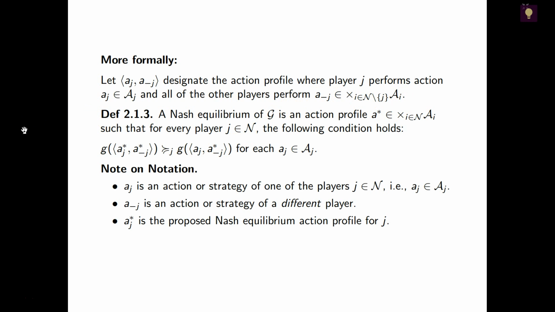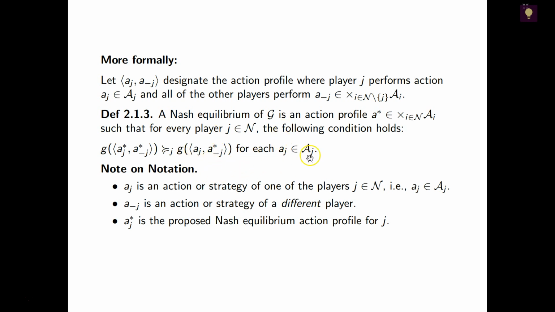A Nash equilibrium of G is an action profile, A*, in the set of action profiles, such that for every player j in the set of players, the following condition holds. The G of A_j* and A*_-j is at least as preferred by j to the G of A_j and A*_-j.